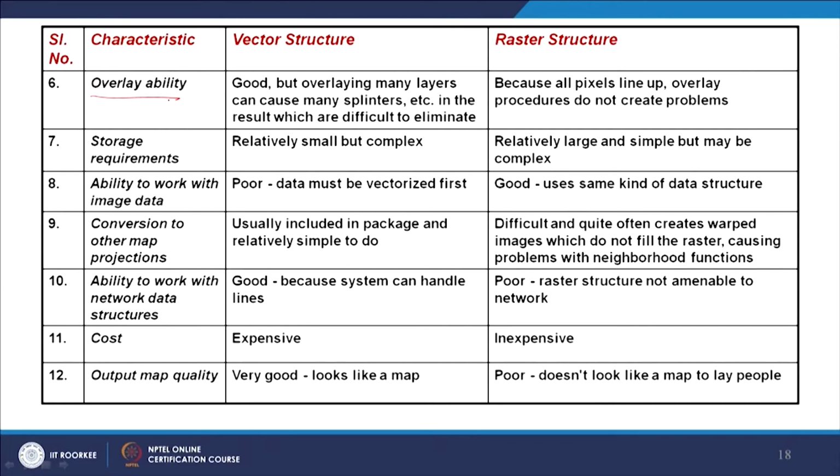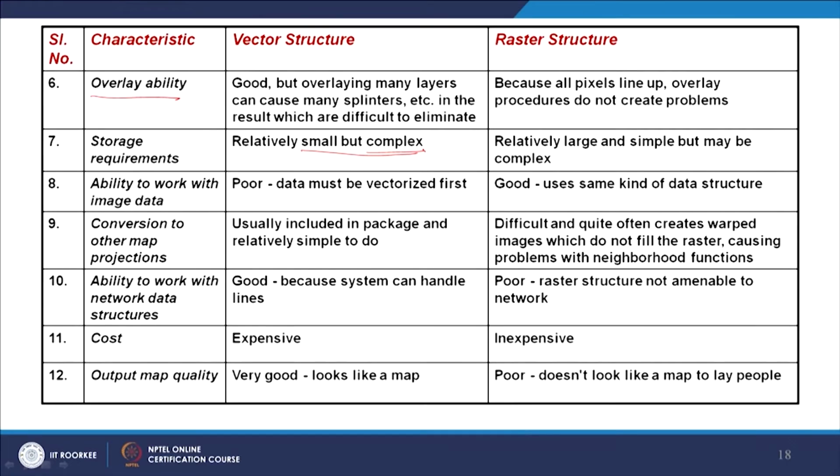Storage requirements we have already discussed. Vector requires small storage but is complex. Complex means many files will be created, as we saw while discussing topology. But in case of raster, sometimes even a single file will store the entire raster layer without any problem. Why do I say sometimes?